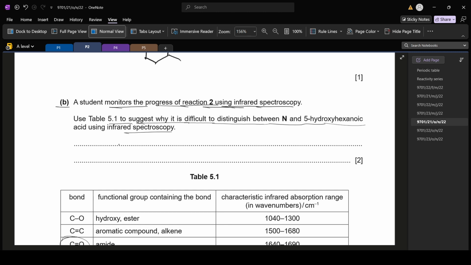So why are they difficult to distinguish?